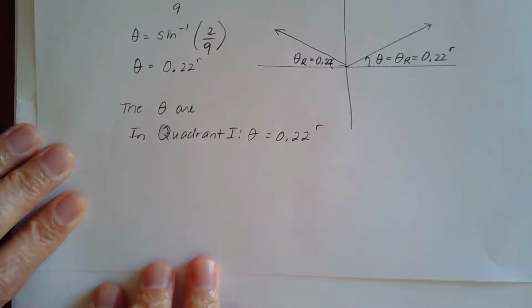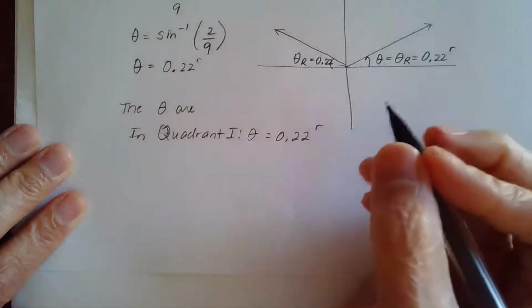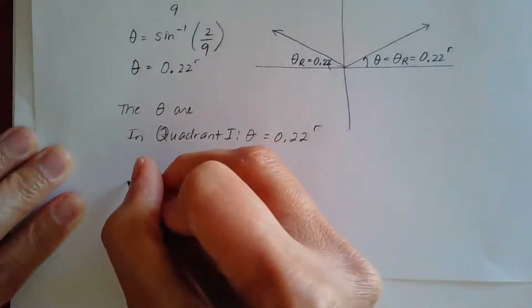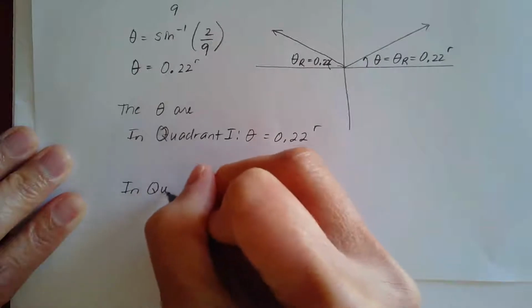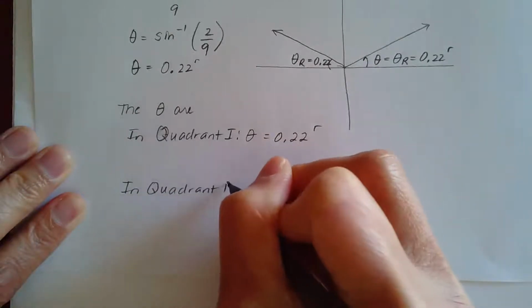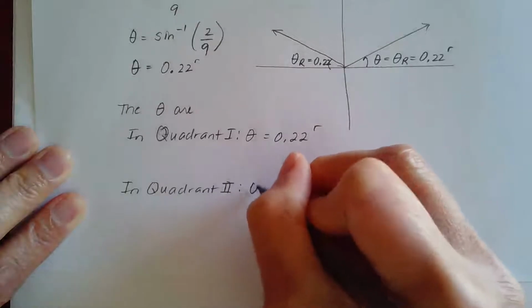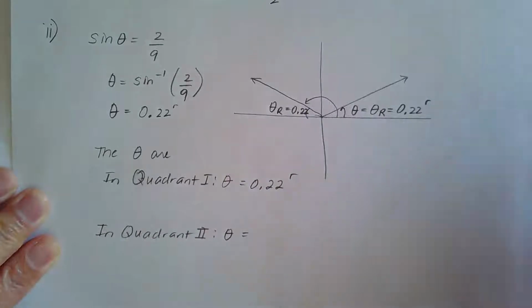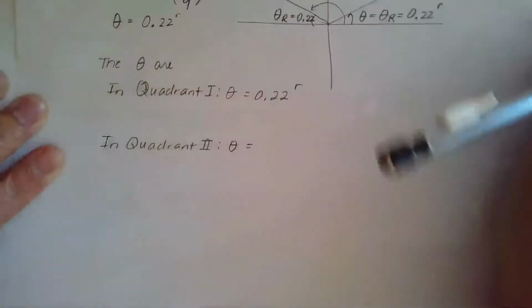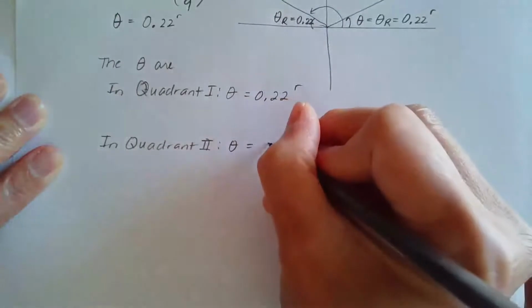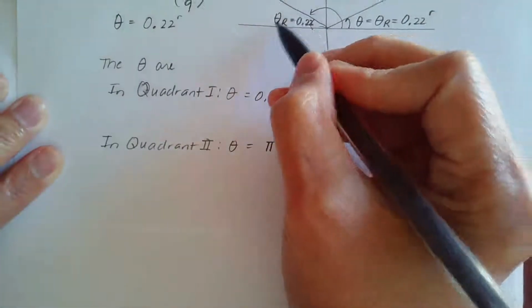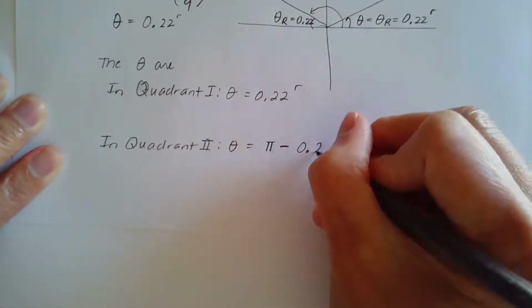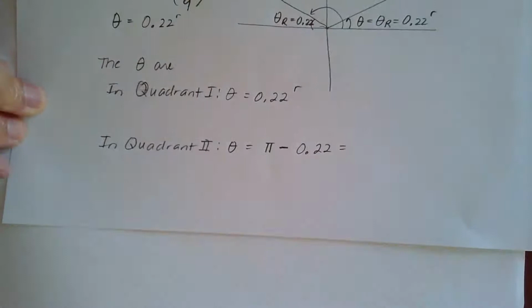And then in quadrant 2, theta is going to be, from here to here, pi radians, pi minus 0.22 radians.